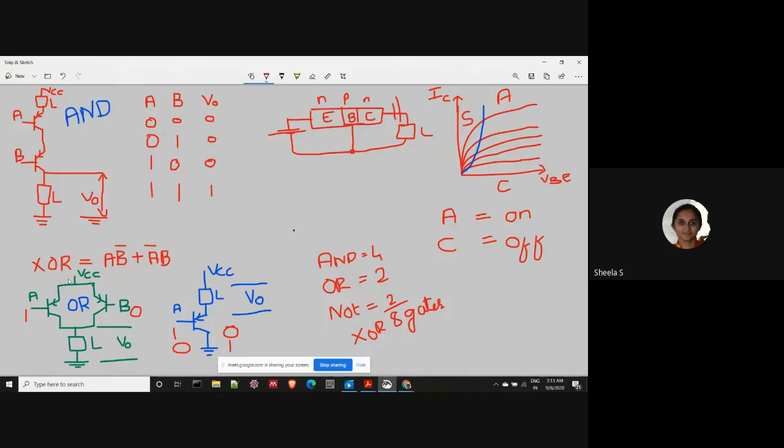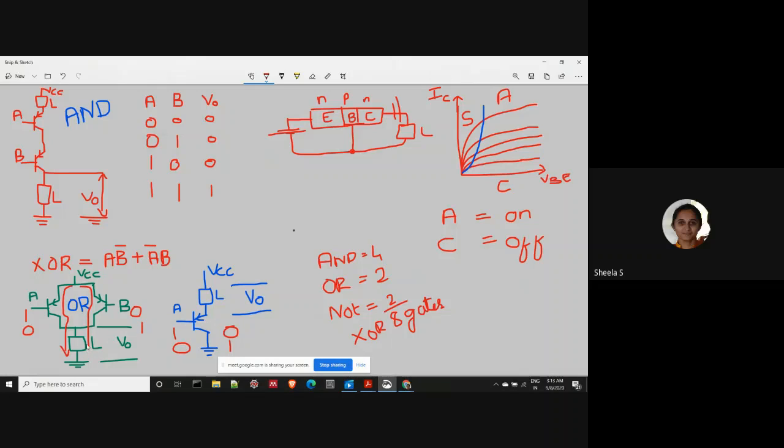Suppose when A is turned on, means current is going to flow in this path. So as a result, we will be getting voltage across the load. Till then, voltage across the load was 0. And now, voltage across the load is maximum. The same thing happens when A is 0 as well as B is 1. So in that case, current will flow in this path.